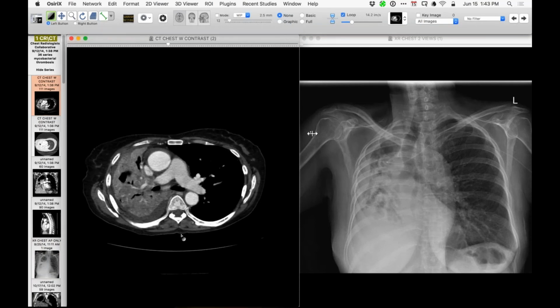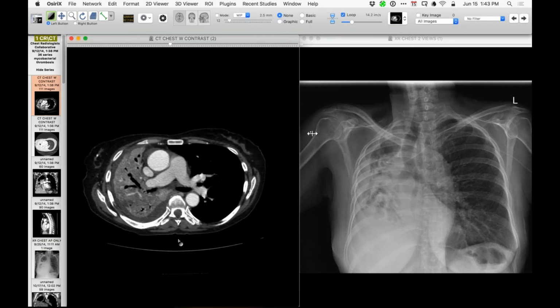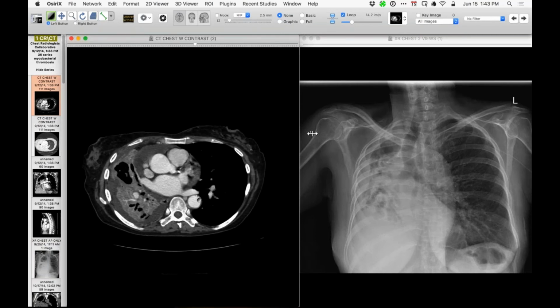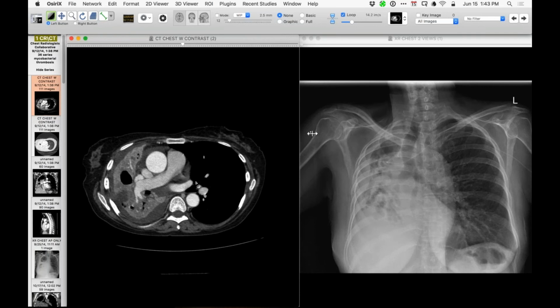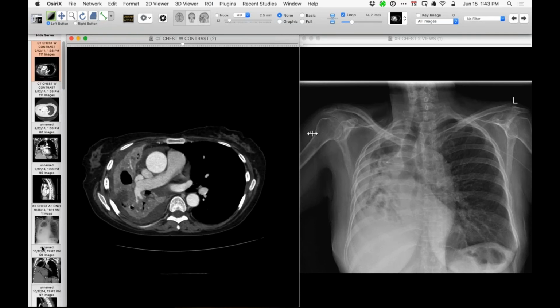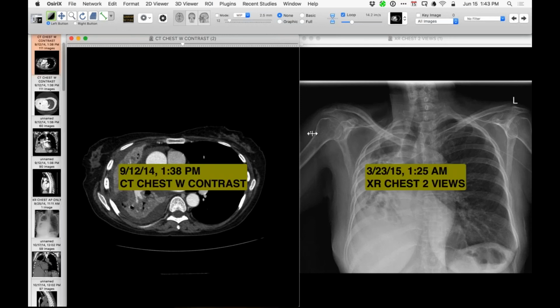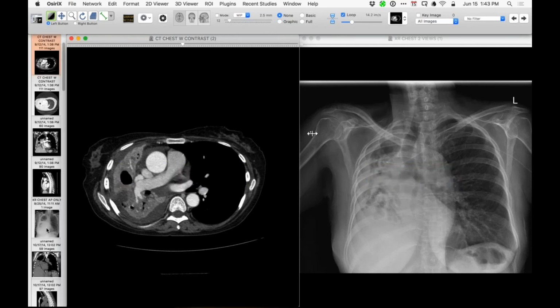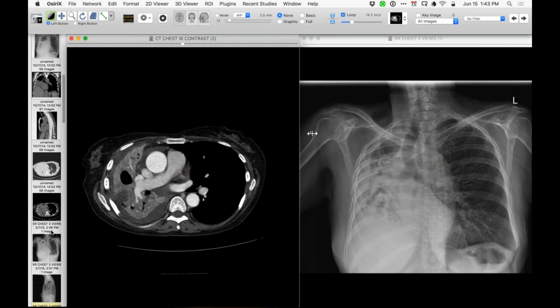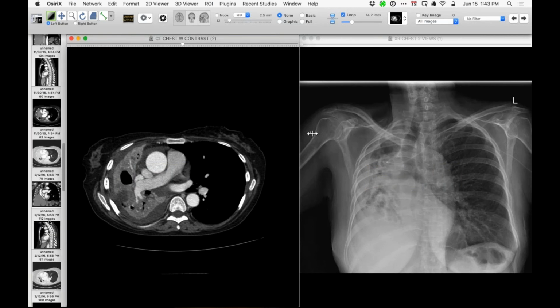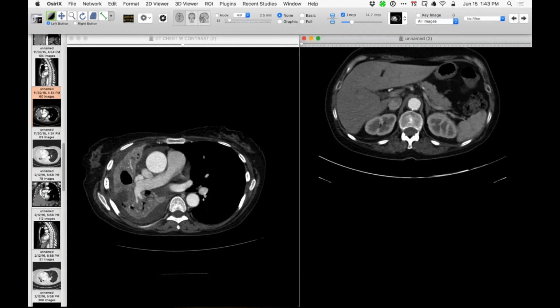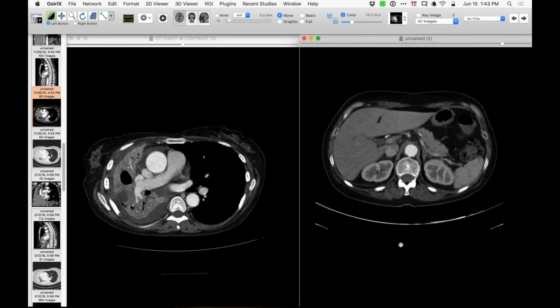We'll see a lot of the airway, the parenchymal and the pleural disease and the bronchial disease. But I'm going to put up alongside that one a later CT. This goes back to September of 14, and I will go to November of 15 and bring that down.